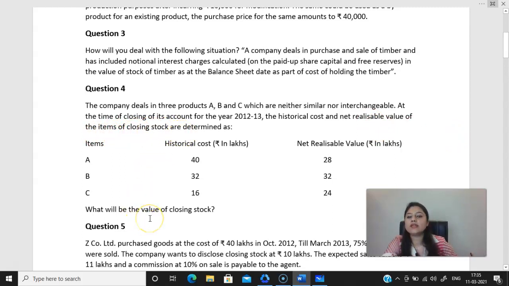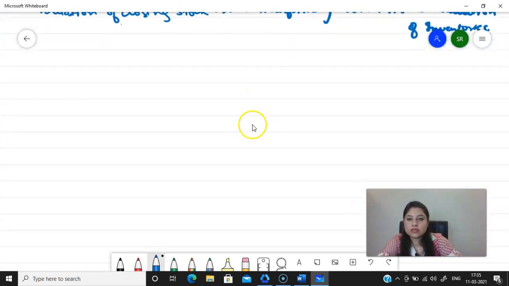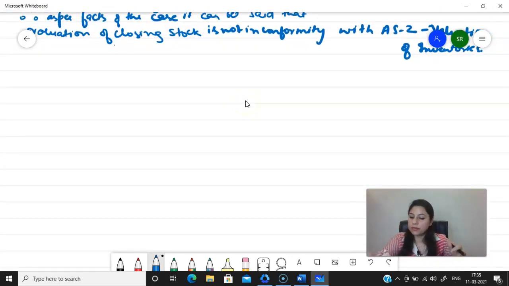So what will be the value of closing stock? Since these 3 products are neither similar nor interchangeable, how are we going to ascertain the closing stock of the company?